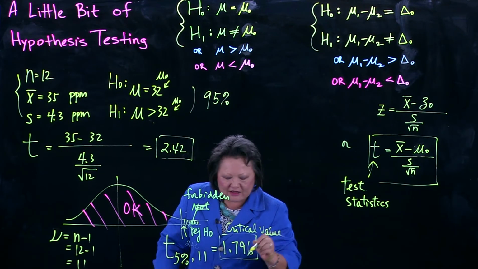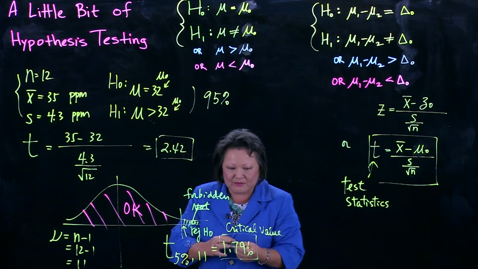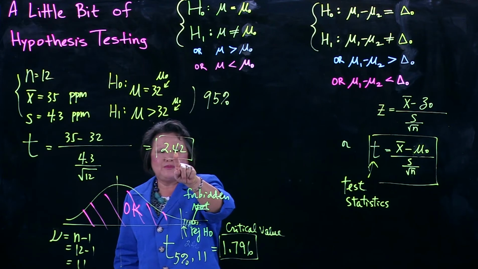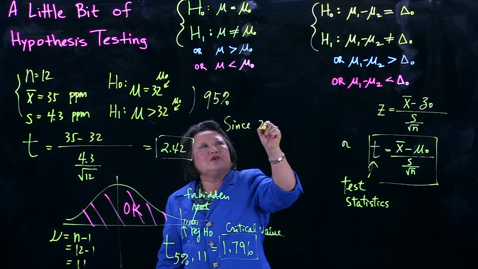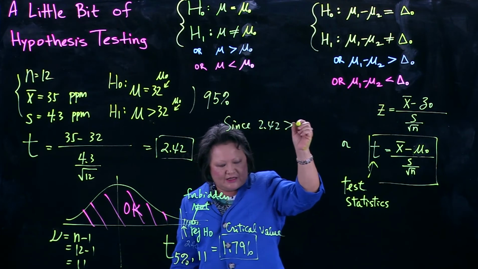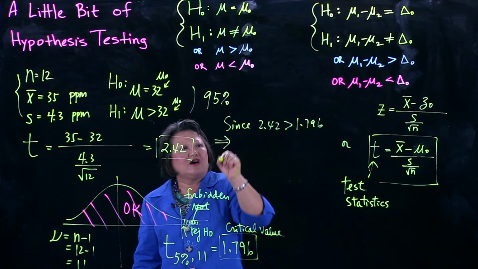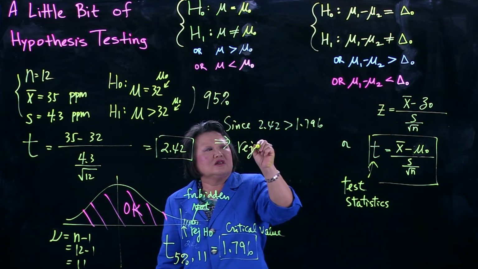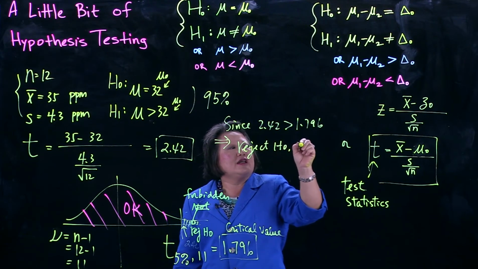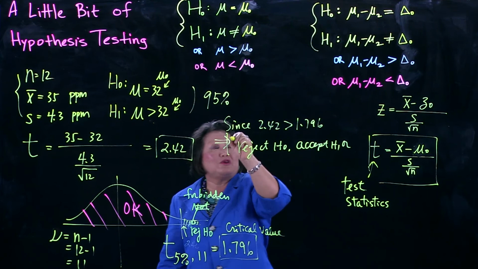In case you read communication, they'll say the critical value for this testing is that. You compare the number you compute with the critical value. Since 2.42 is larger than the critical value of 1.796, therefore, it follows that you reject H0 and accept H1.